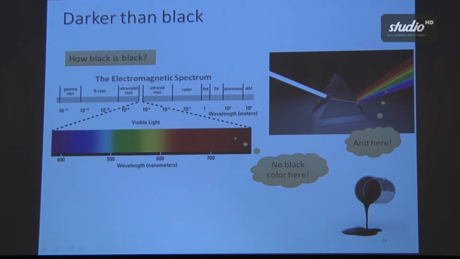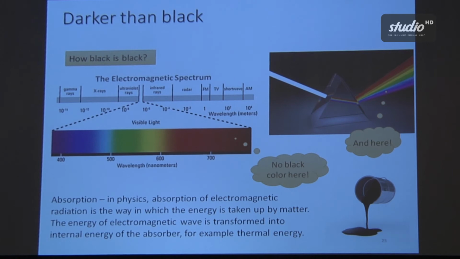And yes, this I was saying before, darker than black. What does it mean exactly? This is just for the reminder. This is the optical range of light here. And as you can see, in order to obtain a black material, we need to absorb as much light as possible.